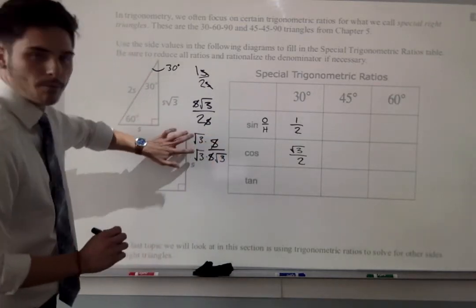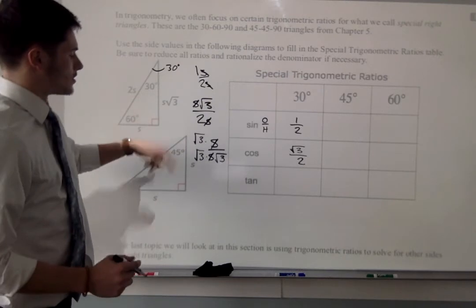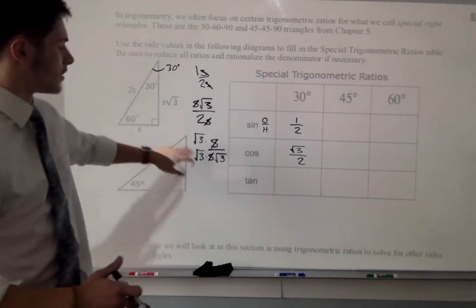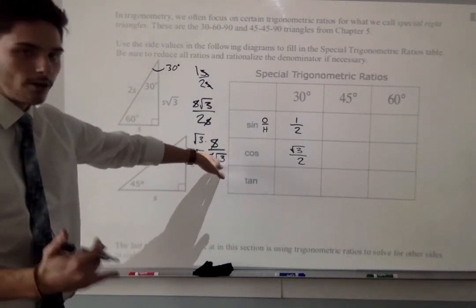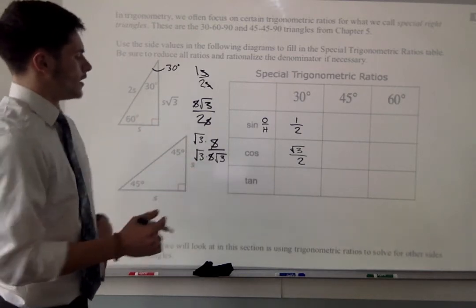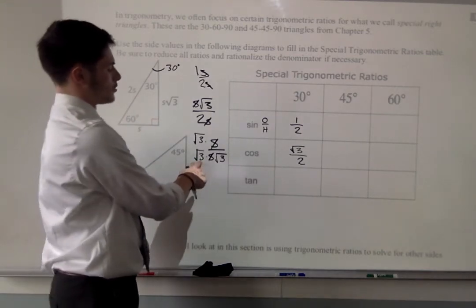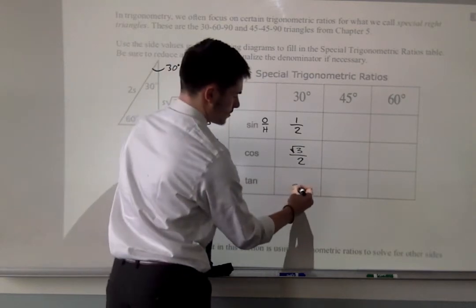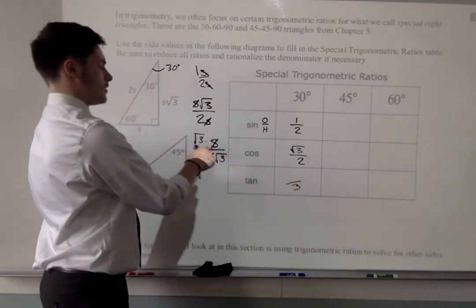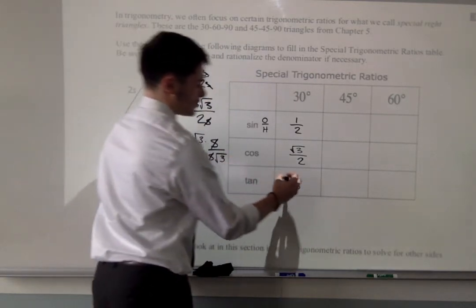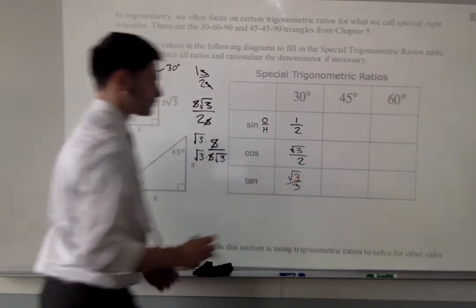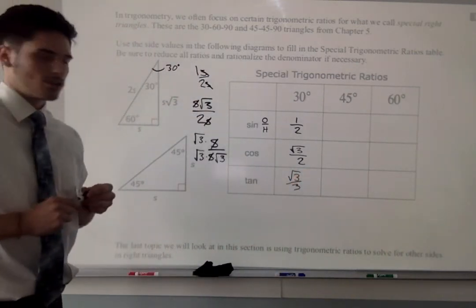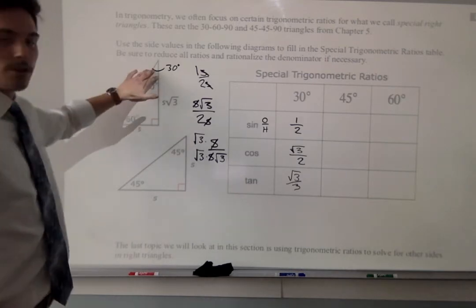So we're really multiplying by 1, but it's the square root of 3 over square root of 3, so that we can cancel this square root of 3 in the denominator out. So what we're left with is 3, or the square root of 3 times the square root of 3 is just 3, and the square root of 3 times 1 is just the square root of 3. And so that's going to be your tangent ratio for a 30-degree angle.